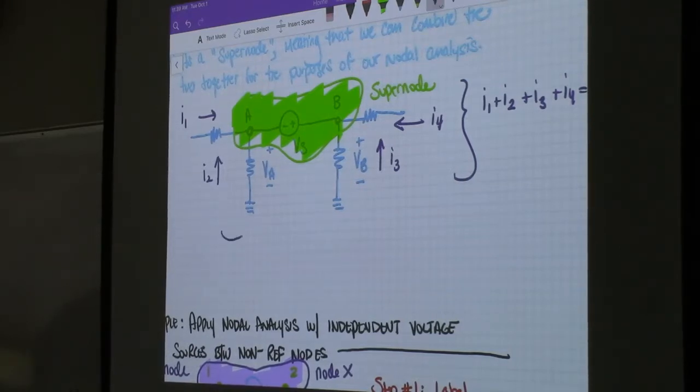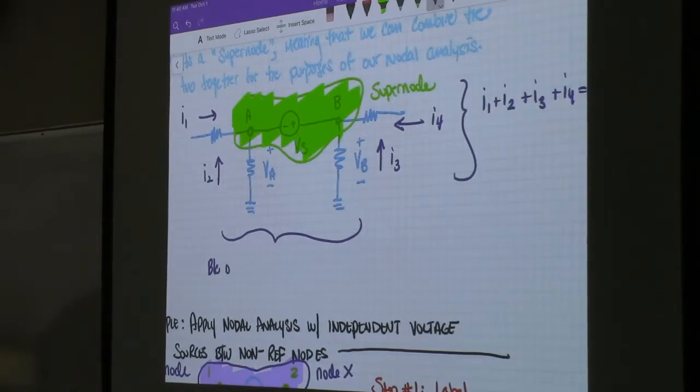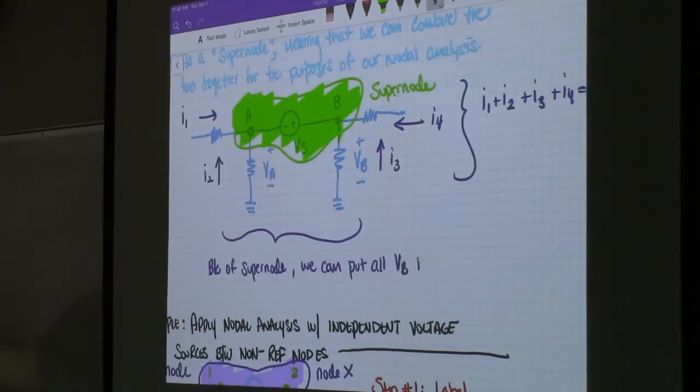So what we can do, because of the supernode, is put all VBs in terms of VA.